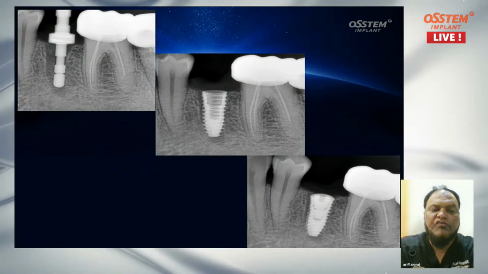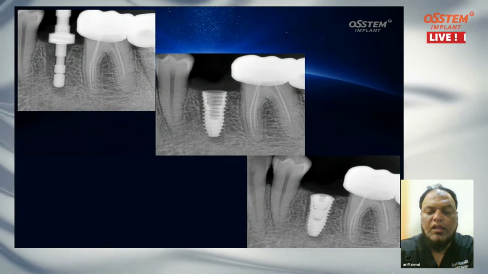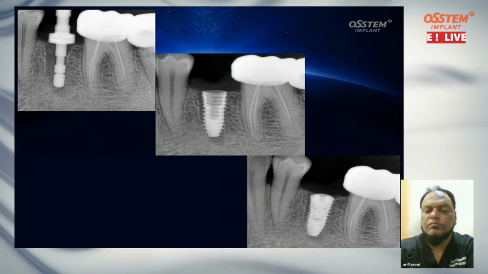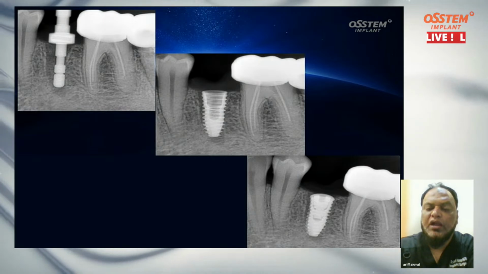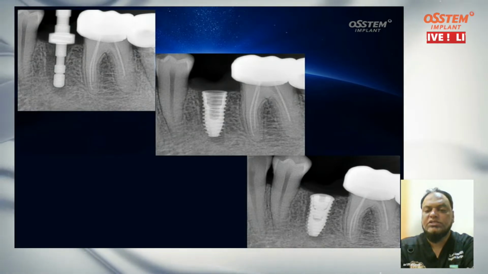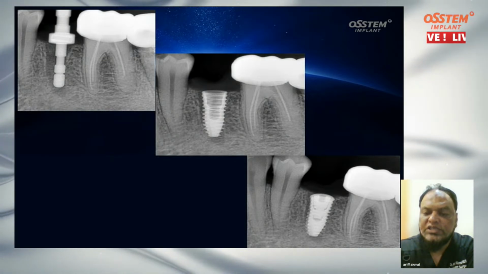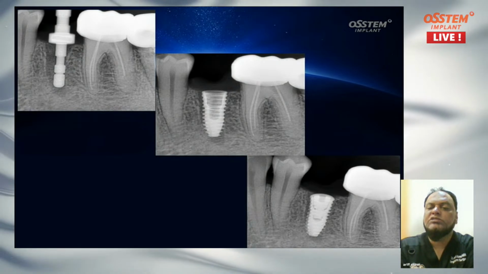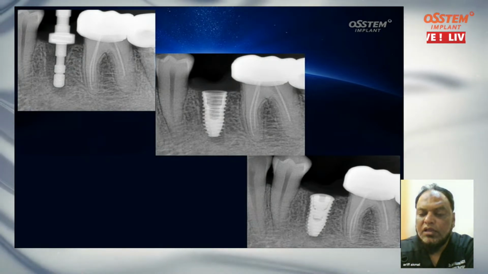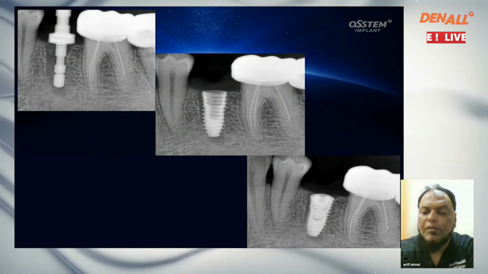So the radiograph with the paralleling pin, the radiograph with the implant placed, and the radiograph with the cover screw. Where to place the cover screw and when to place the healing abutment is your decision, depending upon the primary stability which you have achieved. If the primary stability is more than 30 newtons or 45 newtons, you can go in for a healing abutment.